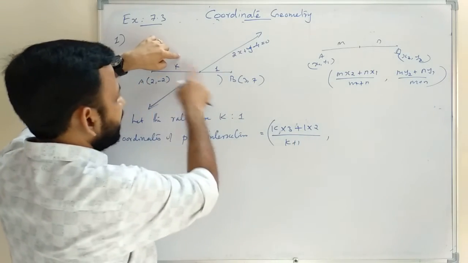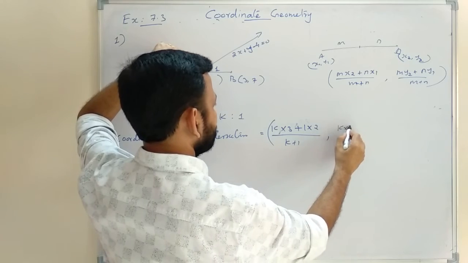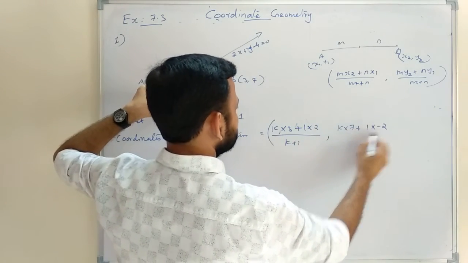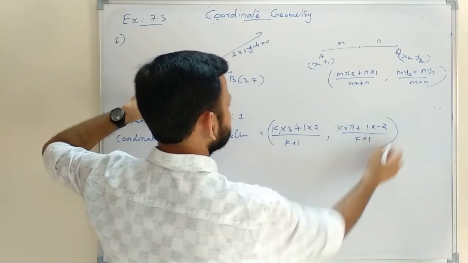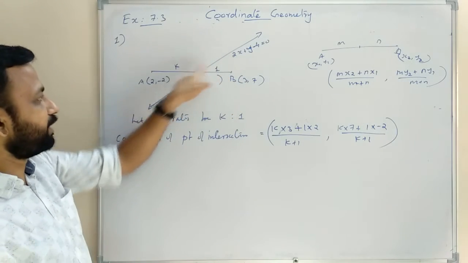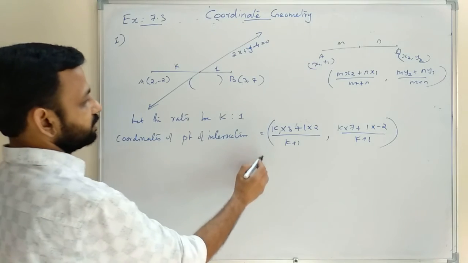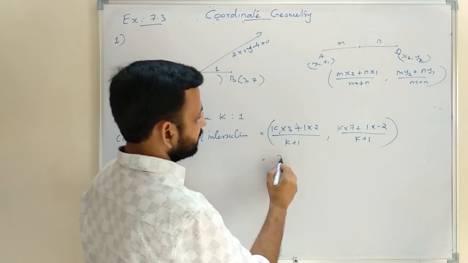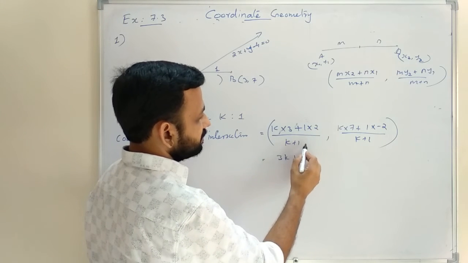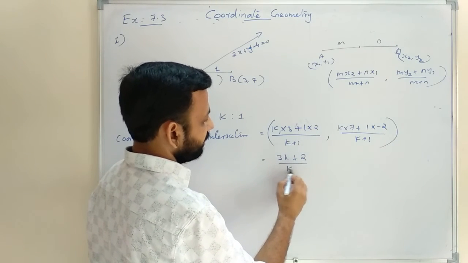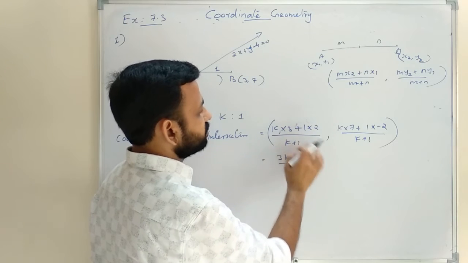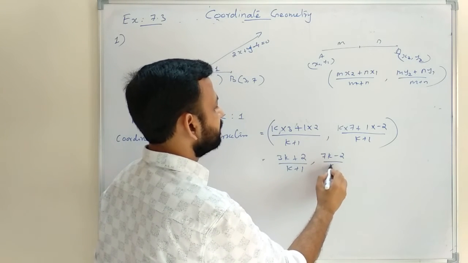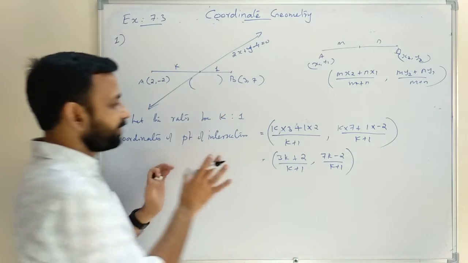Then k into 7 plus 1 into minus 2 divided by k plus 1, for m y2 plus n y1 divided by m plus n. So we will get (3k + 2)/(k + 1) and (7k - 2)/(k + 1). This is the point of intersection.